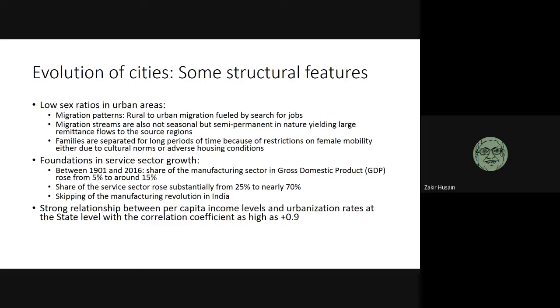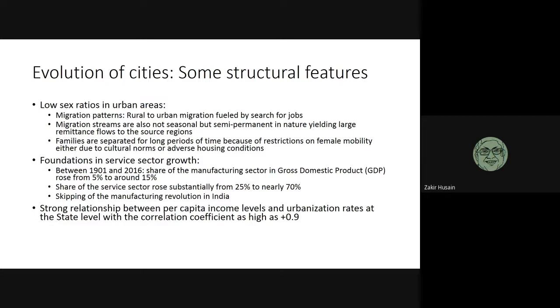That is, you come to the urban area, you work there till you become too old to work, and then you return to the rural area. So such migration is semi-permanent, and to some extent it is, well, I won't say cyclical, but you have a reverse flow after some time. Now, when migration occurs for work, in the majority of cases, the workers do not take their families along with them.